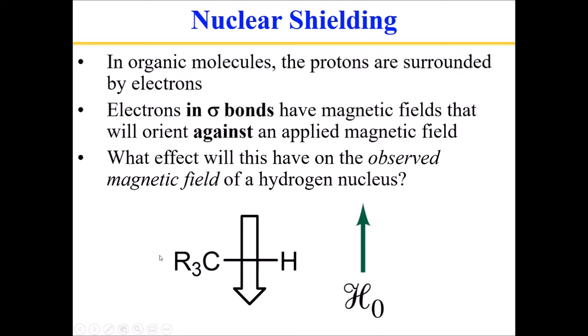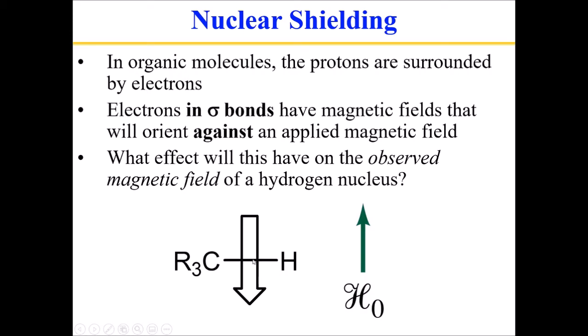Now that would be different if I took off one of these 3 R groups and replaced it with a fluorine or a chlorine, for example. A chlorine is an electron withdrawing group, and it would take these 2 electrons and pull them away from the hydrogen. If you put a chlorine right here and pulled those electrons away from the hydrogen, that would result in this offsetting value. Instead of being 5, it would be something like 3.